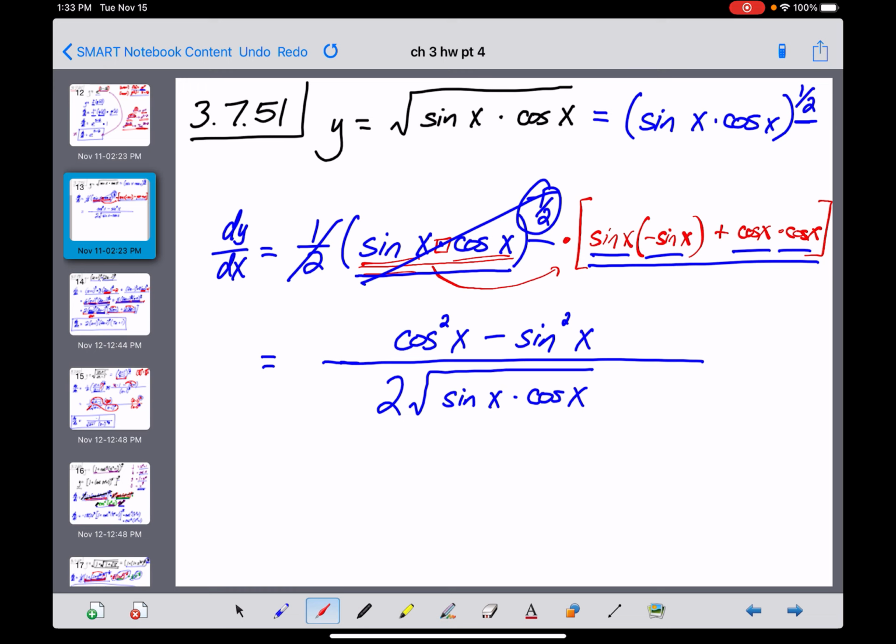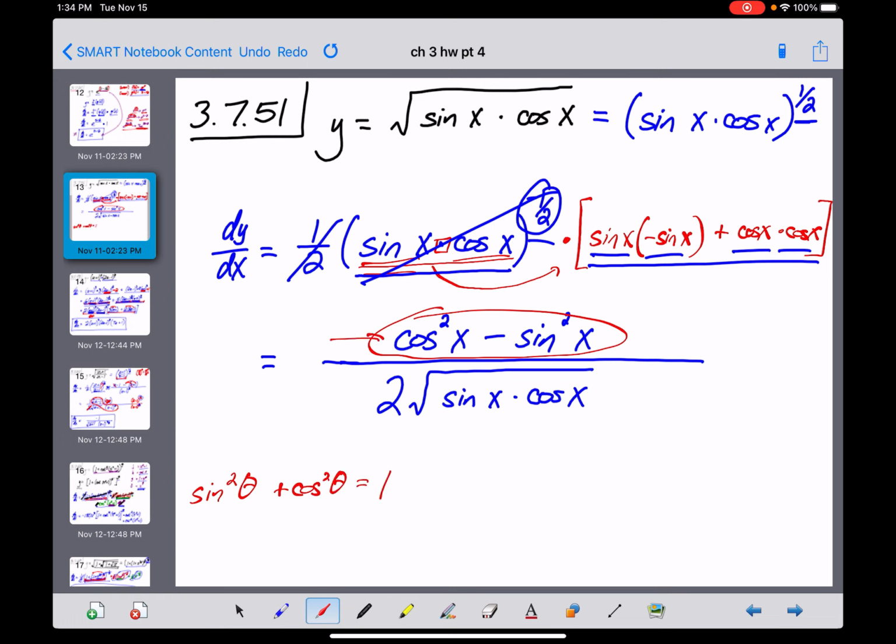I want to say two things though. One thing I would want you to worry about, anytime you see sine squared and cosine squared in the same expression, you should remember your basic Pythagorean trigonometric identity, that sine squared of any angle plus cosine squared of the same angle is always equal to 1.